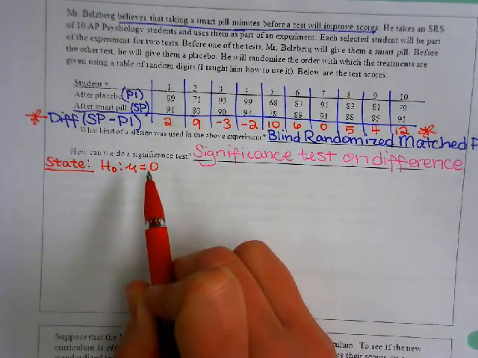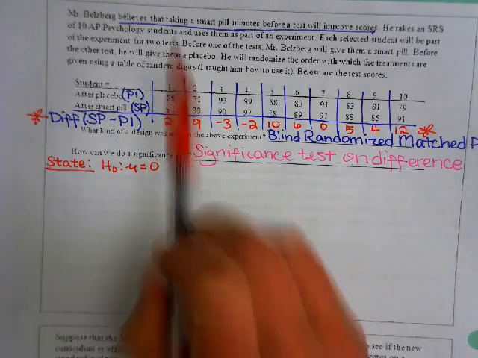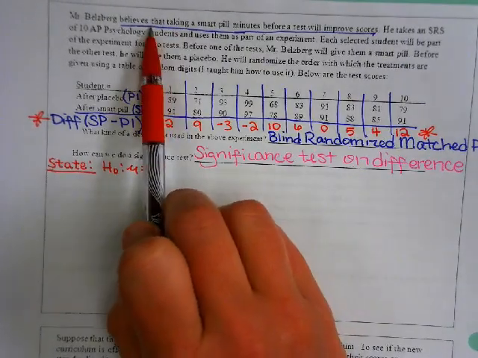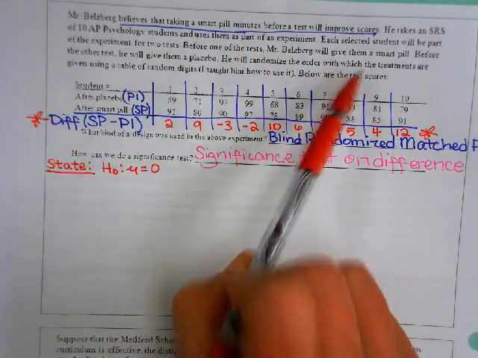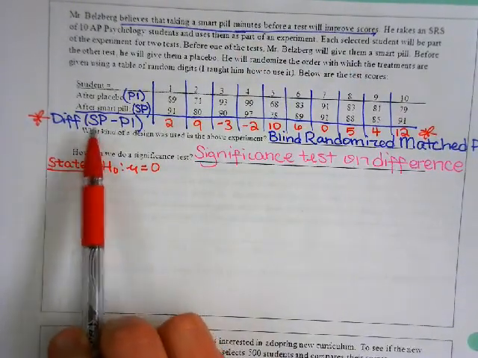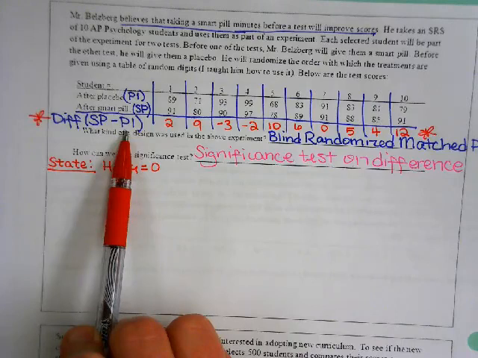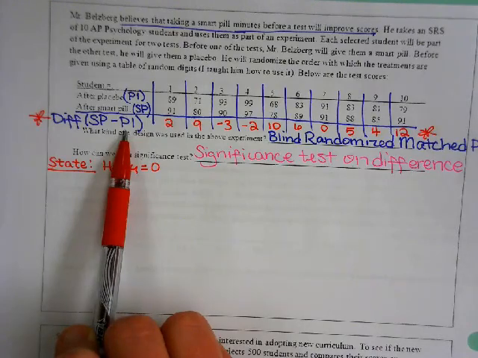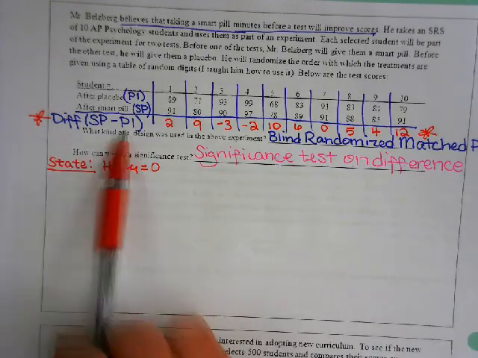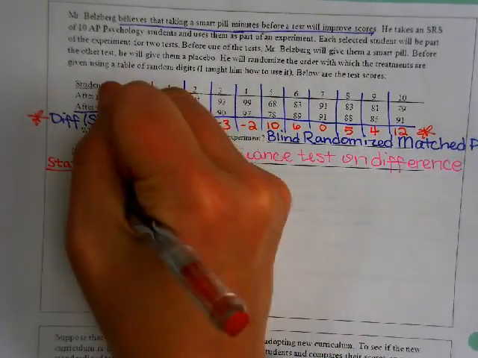Mr. Bellsberg believes that taking a smart pill is going to improve your test score. So smart pill minus placebo, if you do better with the smart pill, is the difference going to be positive or negative? Positive. So our alternative is that mu should be bigger than 0.